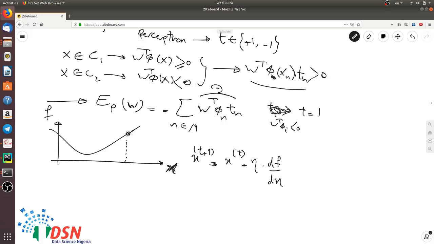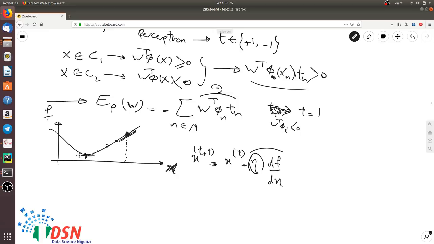So in this case, if we start from here, then the derivative is positive. And this eta is positive, so this multiplication is positive. Then when we subtract it from x of t, we will go here. Then we will go there.